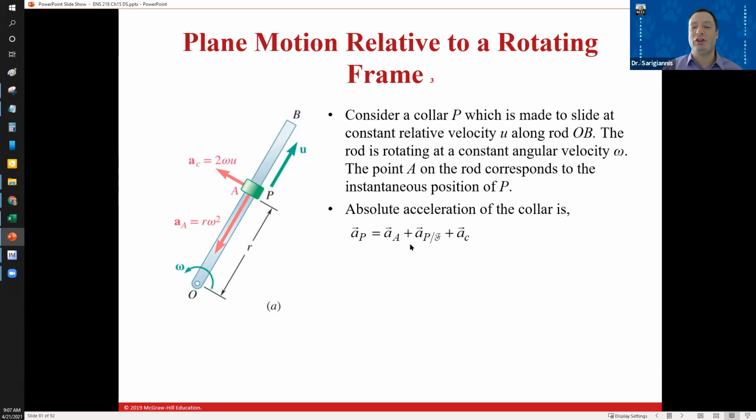The absolute acceleration A of P is A of A plus A of P with respect to the moving frame of reference plus the Coriolis acceleration.